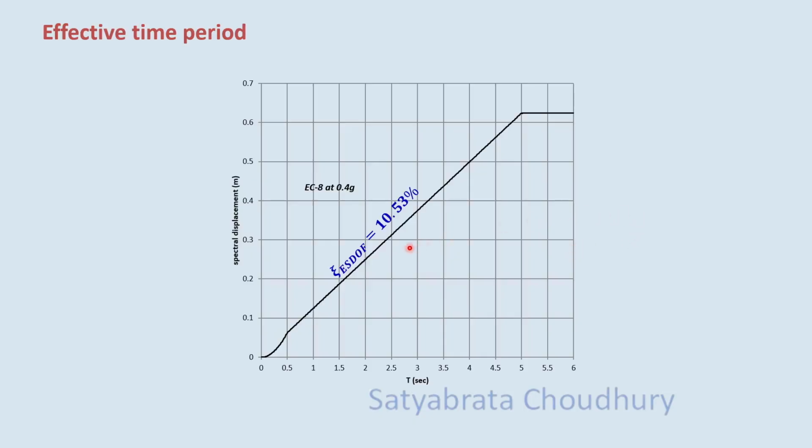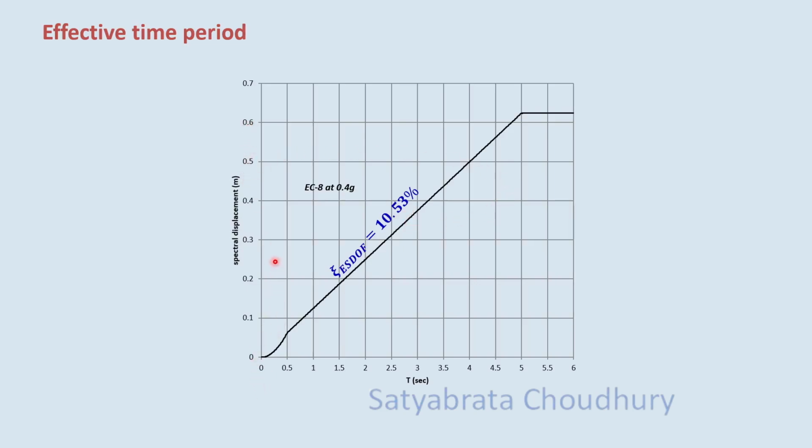For this percentage and Eurocode 8 for soil type B and seismicity level 0.4 g, you draw the displacement spectrum. We have discussed in earlier videos how to draw this displacement spectra. So we have drawn it for this equivalent single degree of freedom damping that we have calculated, 10.53%. And you know your design displacement.